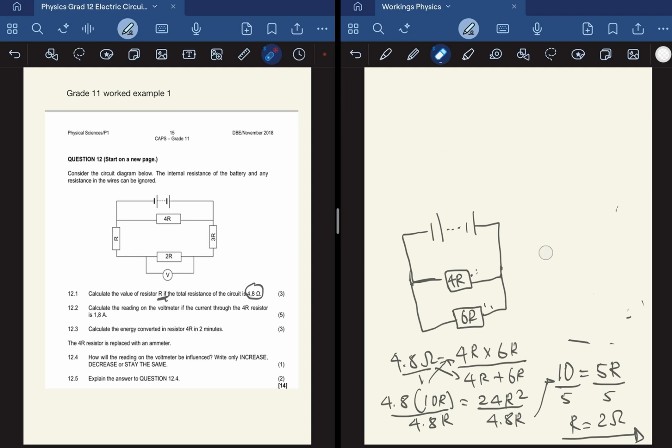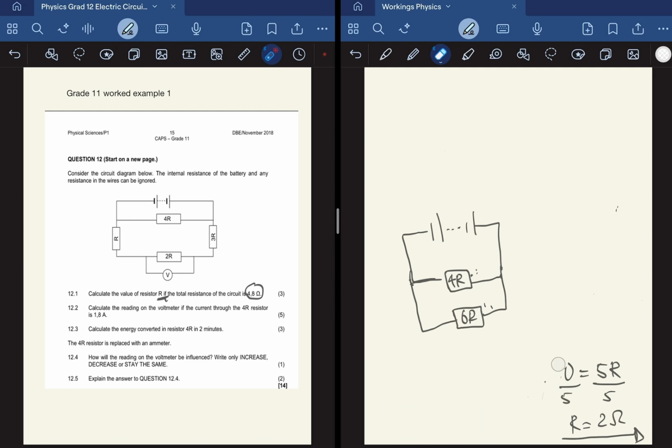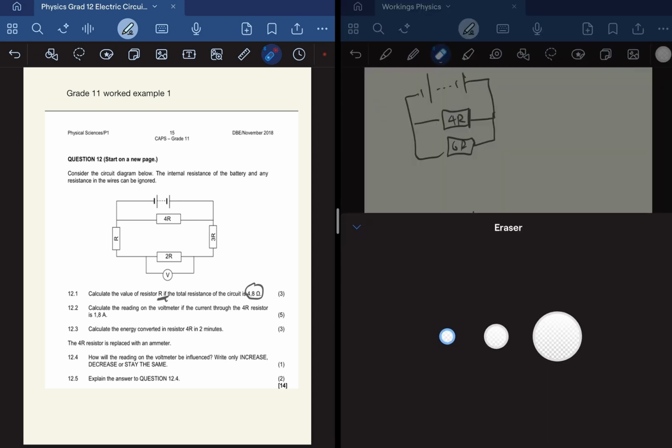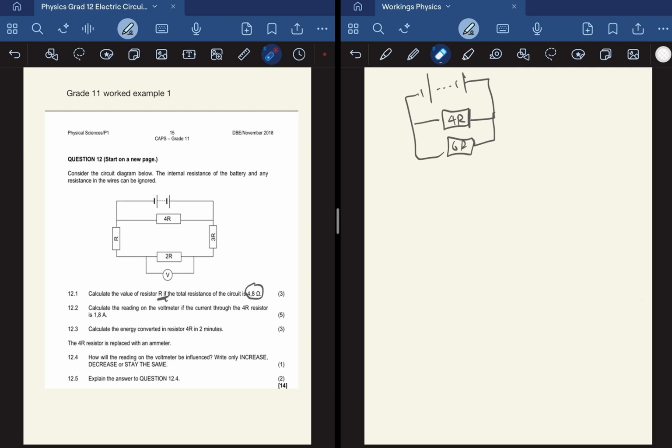We are still going to make use of this circuit, I will just draw it up there for easy reference. Let me quickly do that.